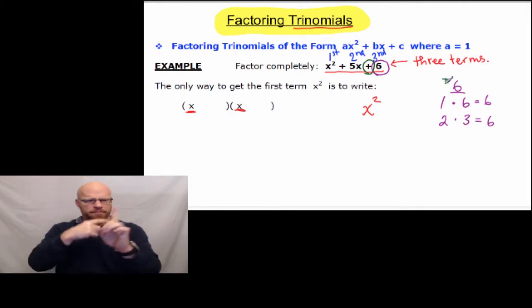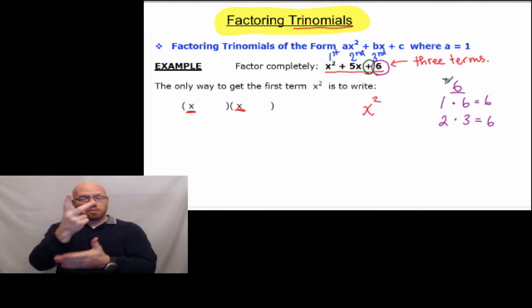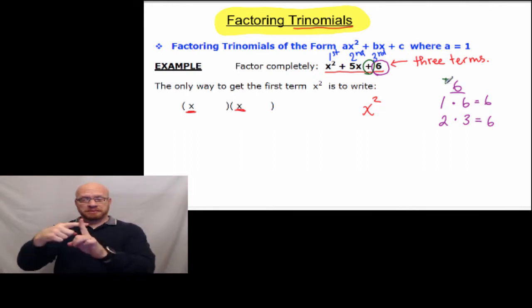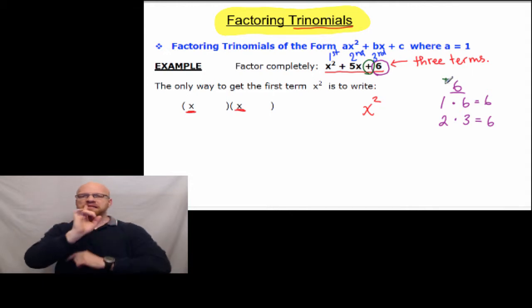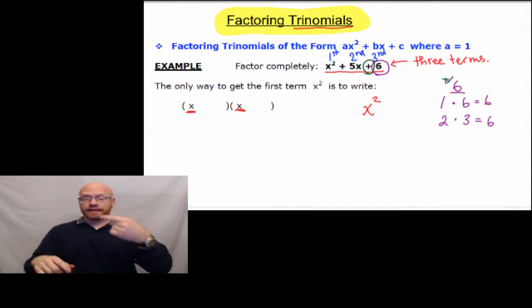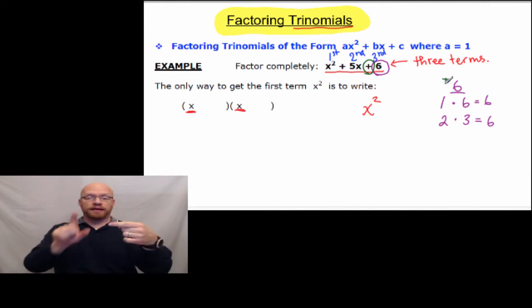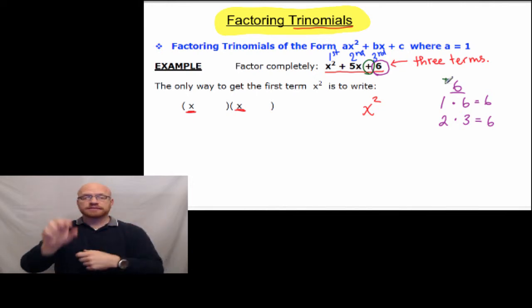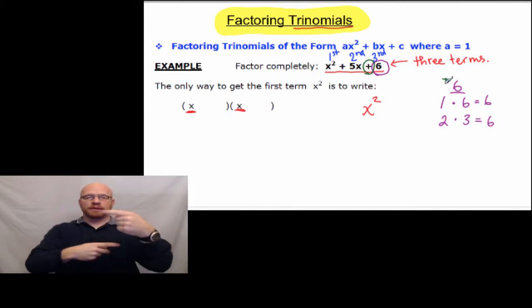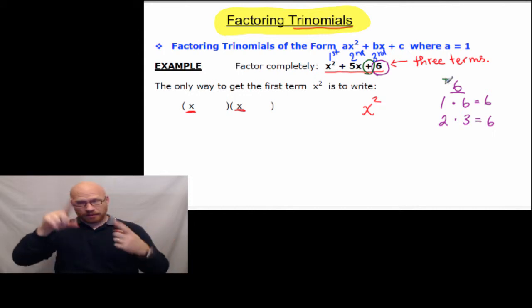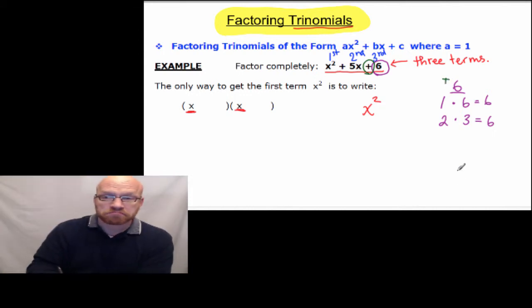Now, in multiplication terms, how can you have a positive answer? If both numbers that you multiply are positive, your answer is positive. But also, if you have two negatives multiplied together, that becomes a positive answer. So we could have -1 times -6, or -2 times -3, as well as the positive possibilities.